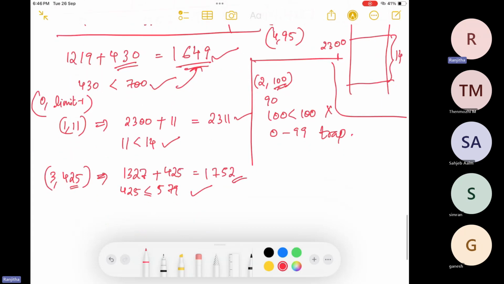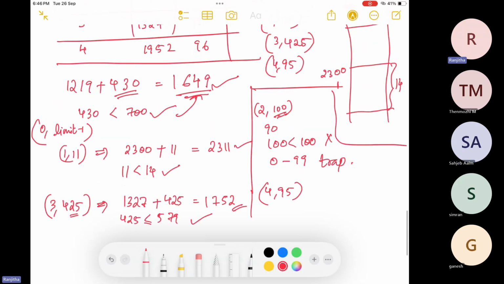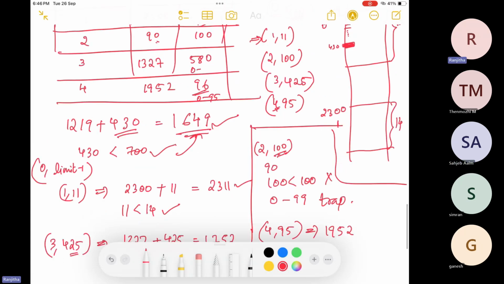Now 4, 95. For segment 4, the base address is 1952. Then we have to check whether 95 is less than or equal to 95. 96 is the limit, so 95 is less than or equal to 95, right? So we can access. When we say 96 is the limit, 0 to 95 is what we can access. 0 to 579 is what we can access.